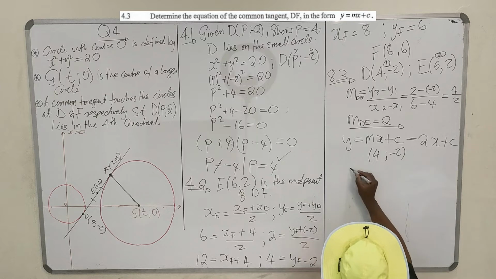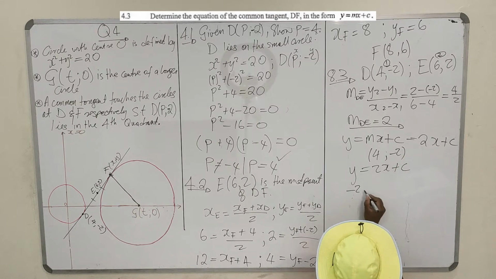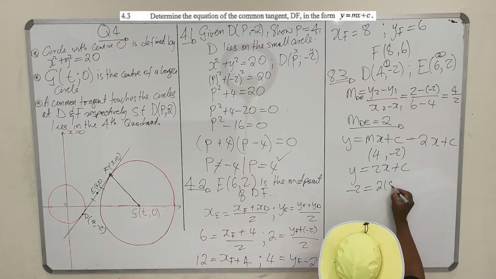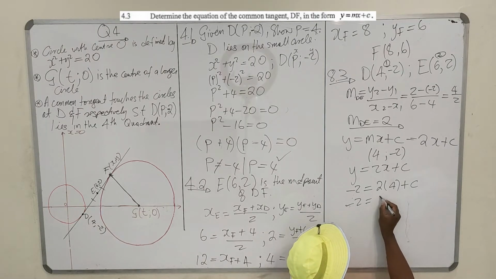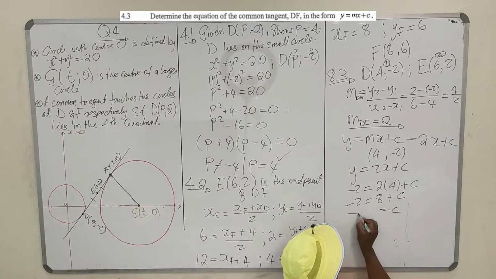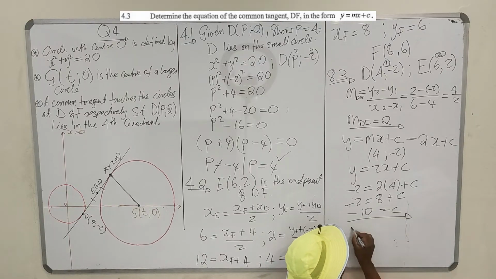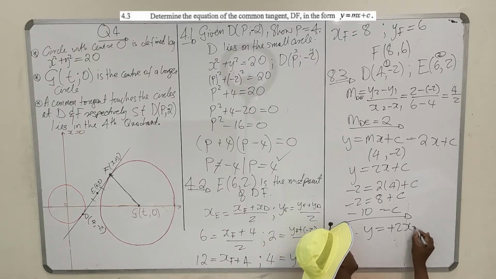So y is equal to 2x plus c. My y is minus 2. 2 times x, which is 4, gives 8, plus c. So you have minus 2 is equal to 8 plus c. So c is equal to minus 10, right? Therefore, your equation is y is equal to 2x minus 10.